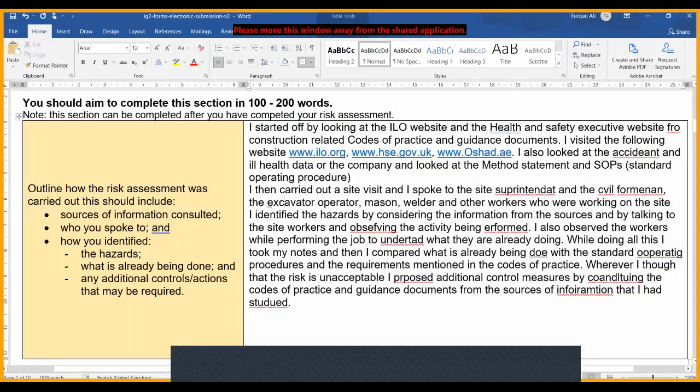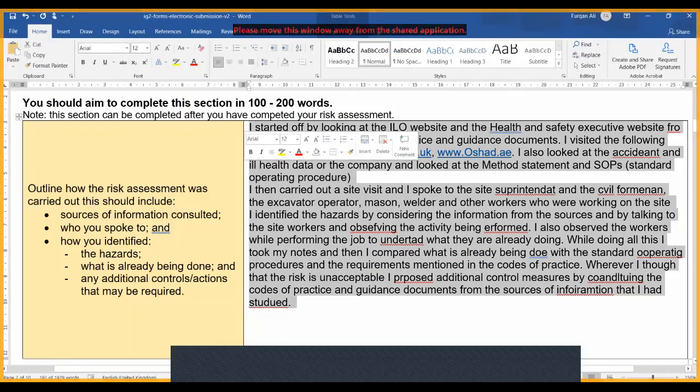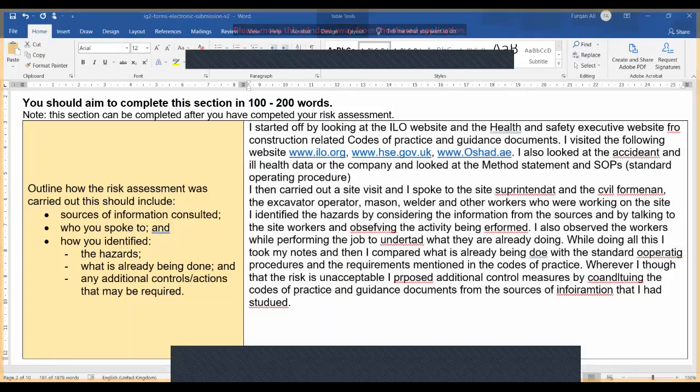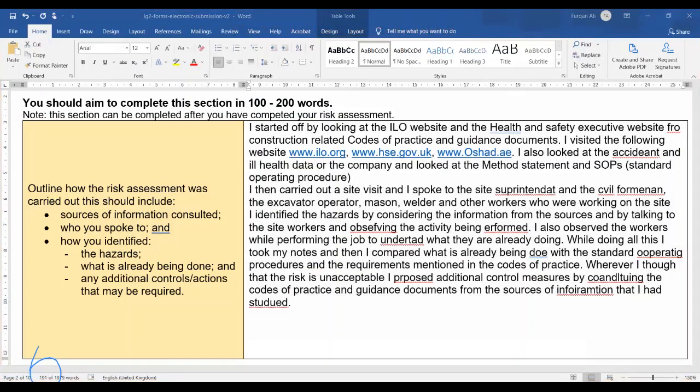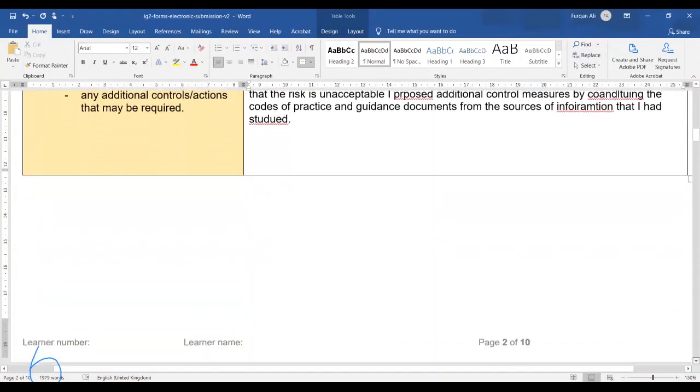The word count shows at the bottom, 193 words. Sorry, 191. So I've easily met the requirements. Okay, so you guys can keep on checking how many words have been done and how many words you need to write further.